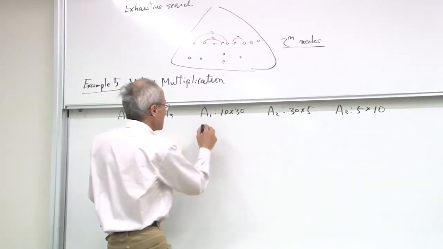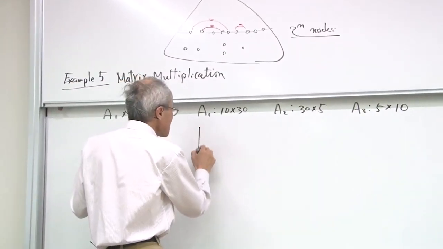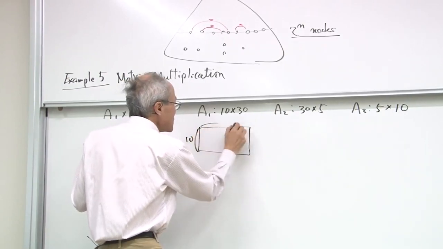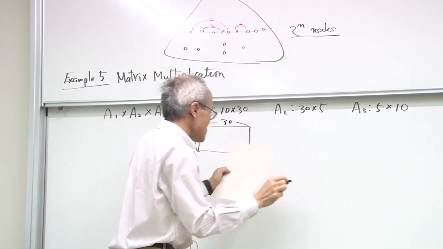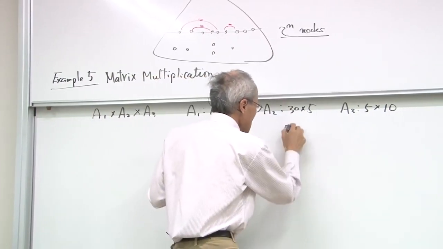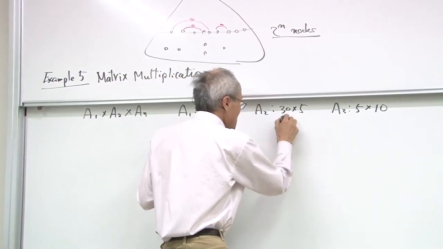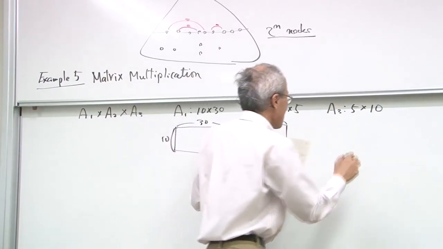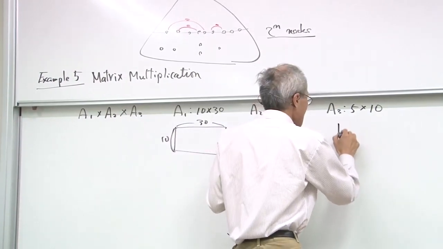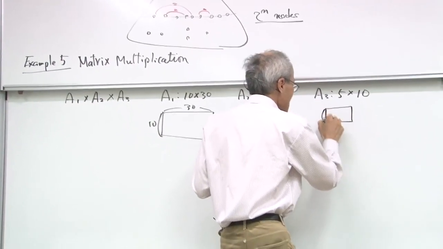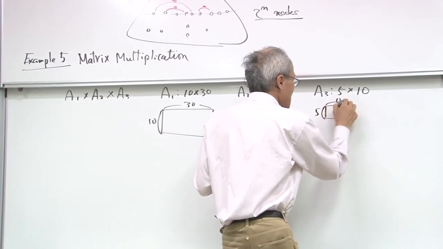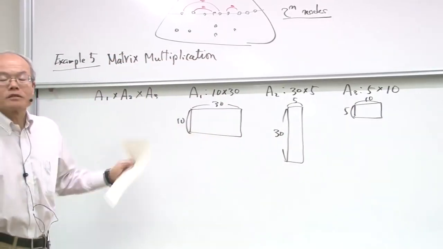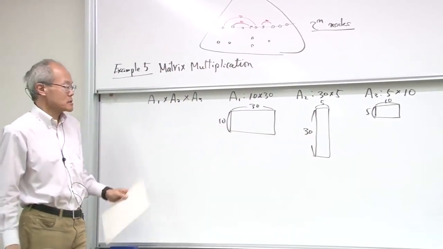That means A1 looks like this, and A2 and A3 look like this. We just want to multiply those three matrices.